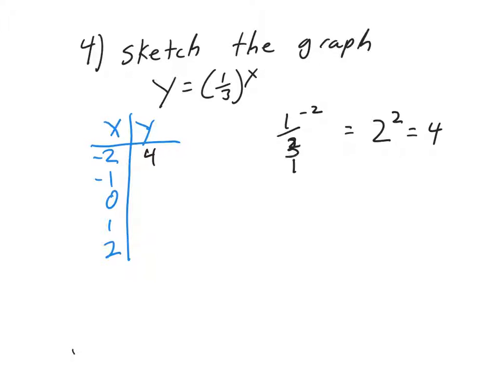Actually, it's 1/3. Hang on, let's go back. So it's going to be 1/3 to the negative 2 power is equal to 3 to the second power, which is 9.